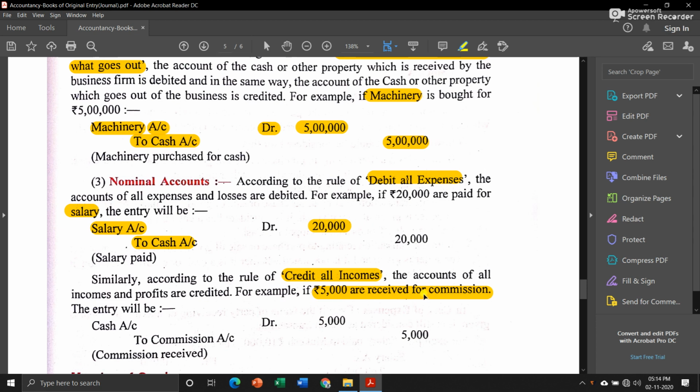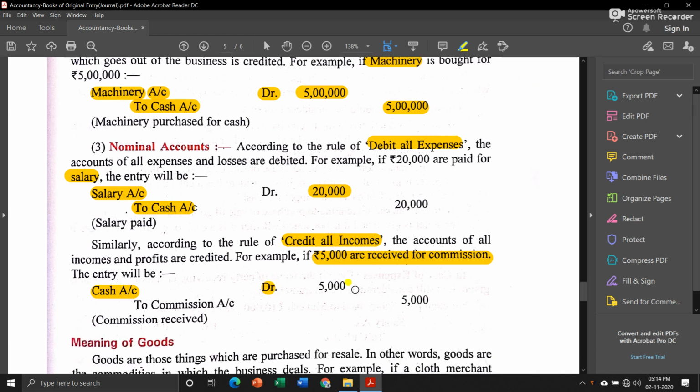So while receiving commission, cash is coming inside the business, so we debited cash account.